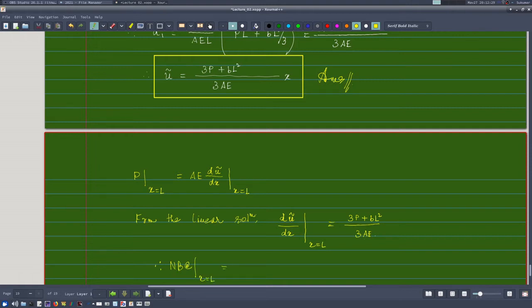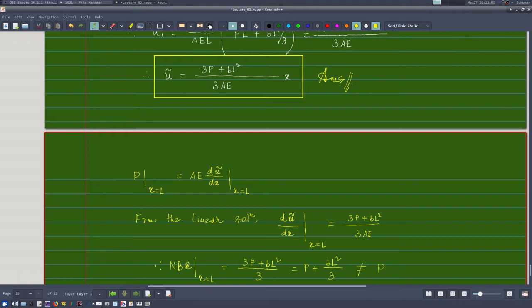So when I multiply this by AE, I'll get (3P plus bL squared) by 3, that is P plus bL squared by 3, which is not equal to P.